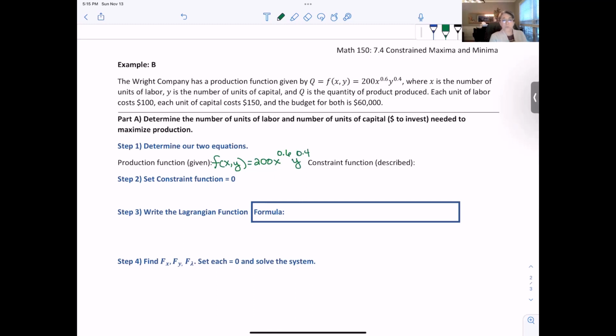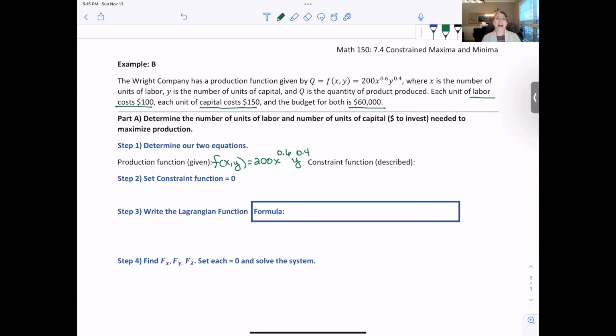That's our production function. We also need the constraint function. Sometimes it's given to us, sometimes it's described. So when they're telling us how much the labor and the capital cost and what the budget is, that's giving us information on the constraint formula.